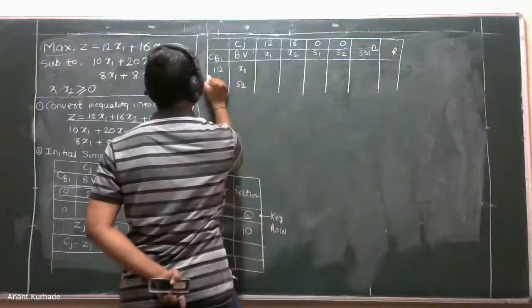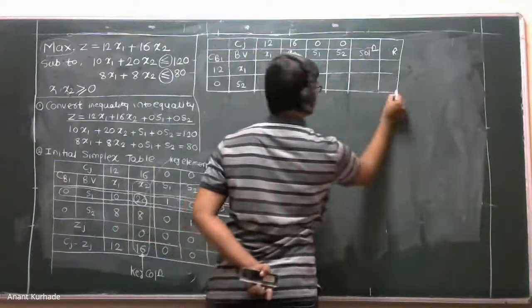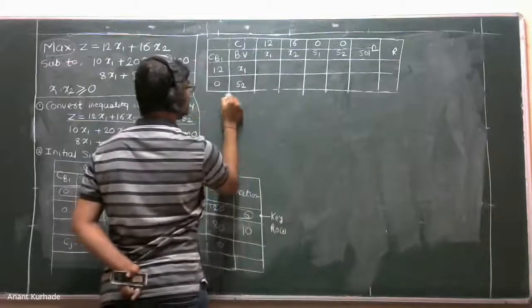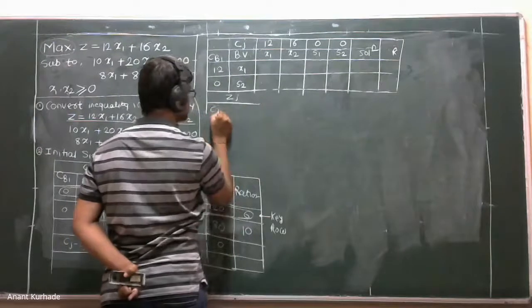First row, this is second row. Again we have to calculate Zj, again Cj minus Zj.